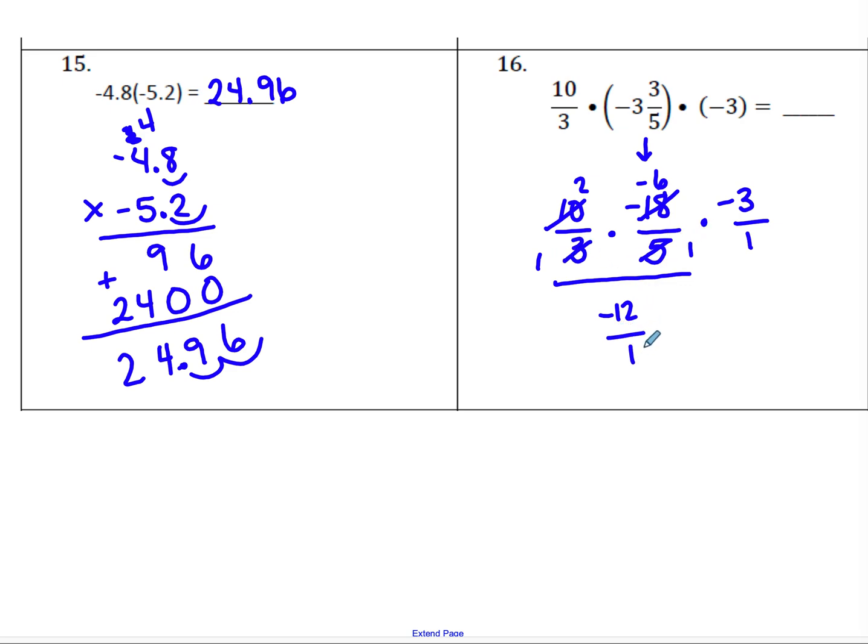So I have -12 over 1 times -3 over 1. Really, I can forget about those over 1s. They don't really matter. Divided by 1 just means that same number. -12 times -3 is going to be a positive 36. Same signs, answer is positive for multiplication and division. So my answer for this one is going to be 36.